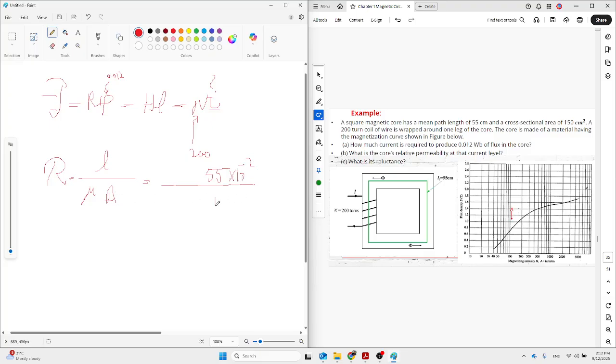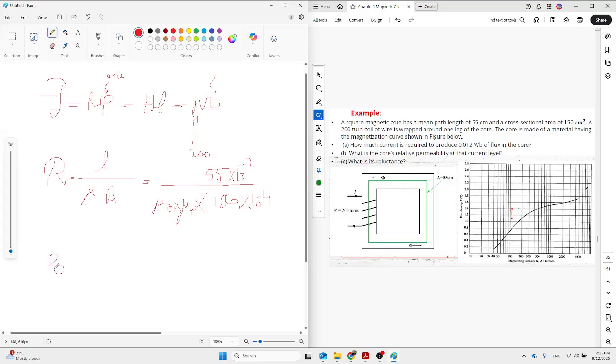The A is also given, 150 times 10 to the minus 4. Mu is mu 0 times mu r, correct? How can we calculate mu r?